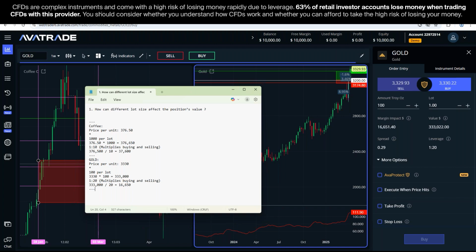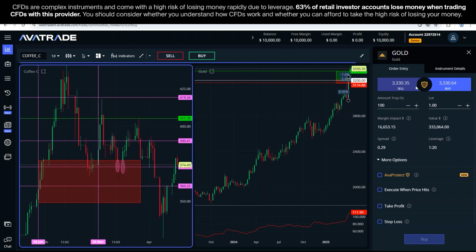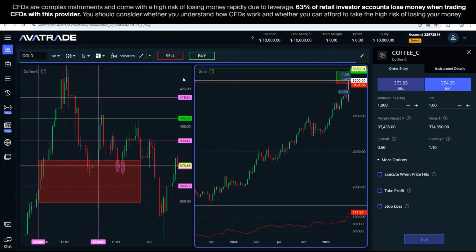And how so? Because the value for one lot in here is multiplied by 100 from the original value per unit, and with coffee it's multiplied by 1,000, right? Let's look at it again. Maybe we'll make another comparison with an even smaller value and a higher lot size.